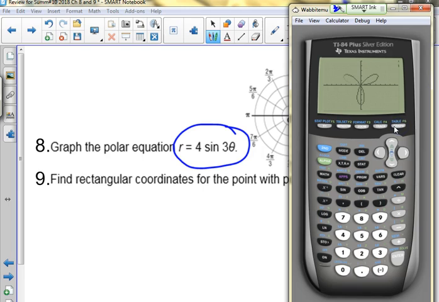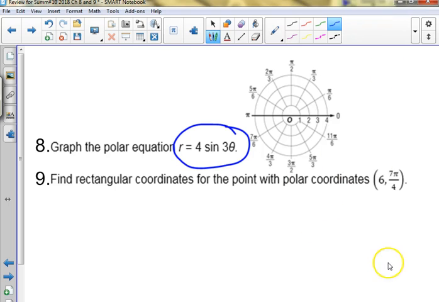Okay, what does this one come out to? I got a 3-leaf clover, yes? Well, what you can see right here is that this one's going out how far? 4, right? And if you have a whole circle divided into 3 even parts, it should be 120 degrees around to the next one.